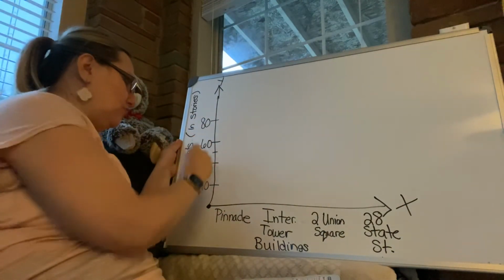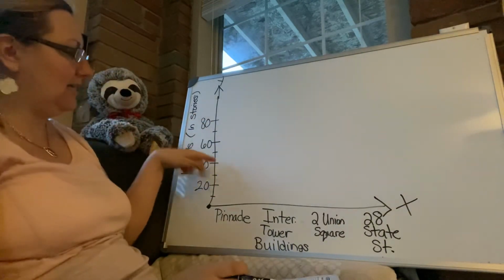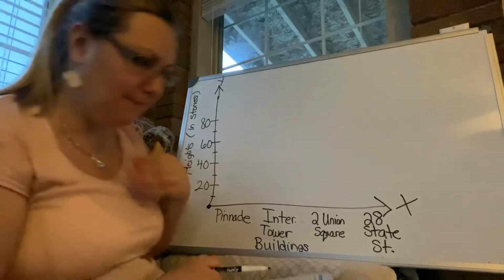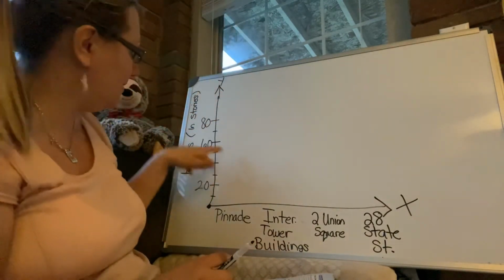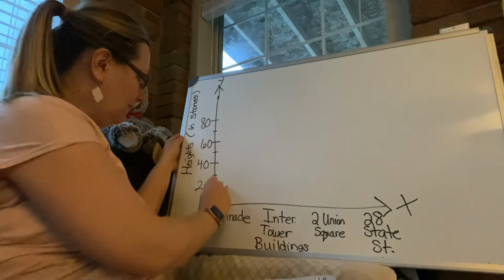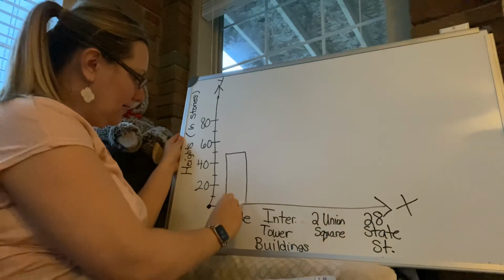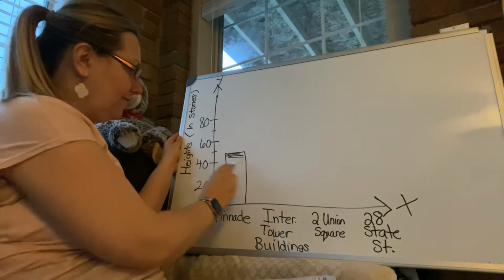Okay, so maybe we'll draw our little segments for what comes in between so we can see where the 50 would be, because the pinnacle goes right up to 48. So find the pinnacle, find where 48 would be, and draw a bar graph.